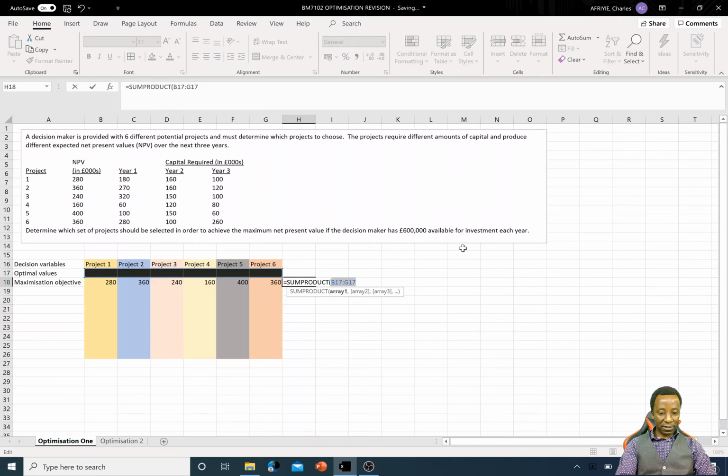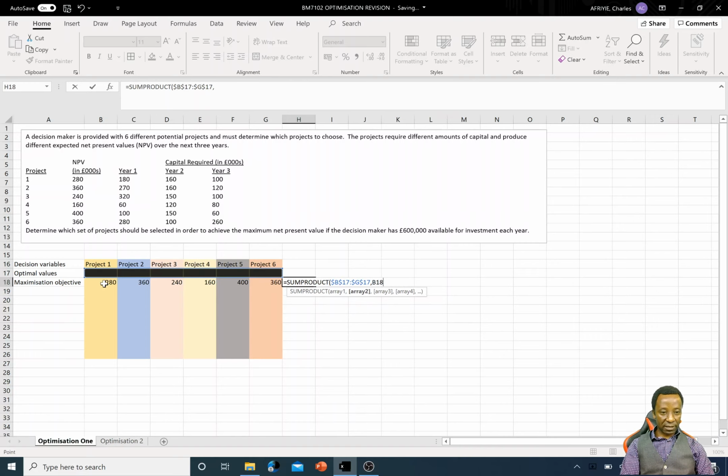So absolute referencing is where you want these values that would pop up in the optimal values row to be constantly multiplied by whatever comes next.